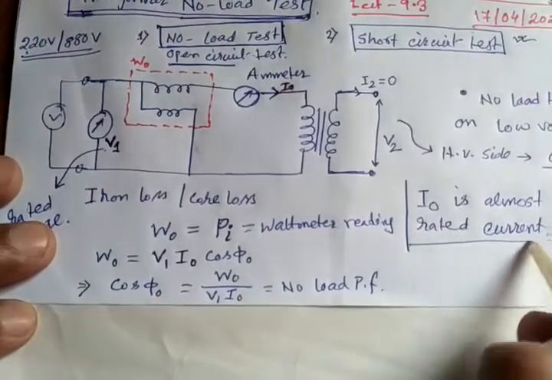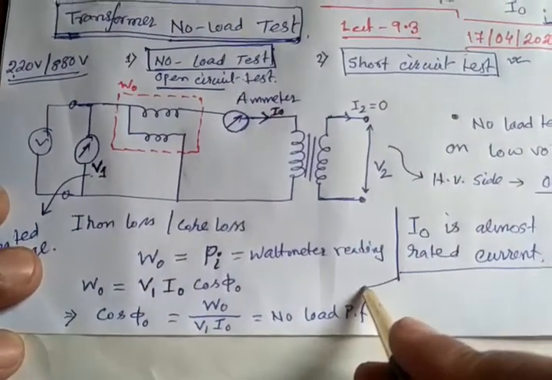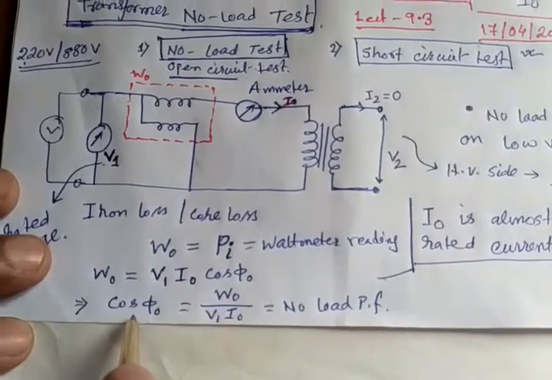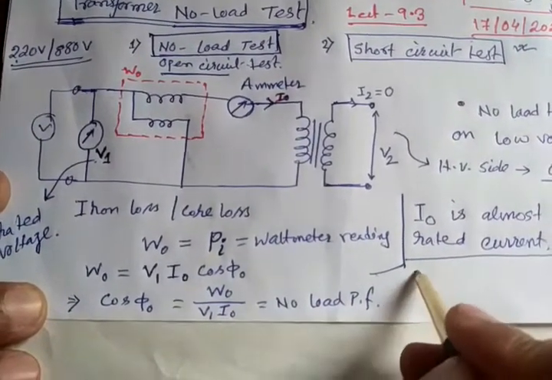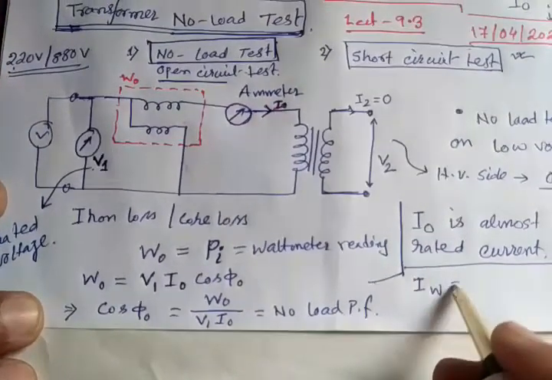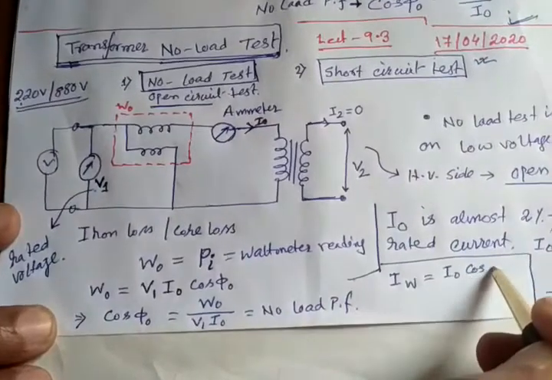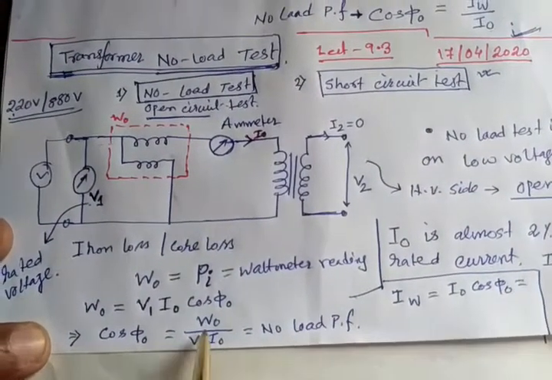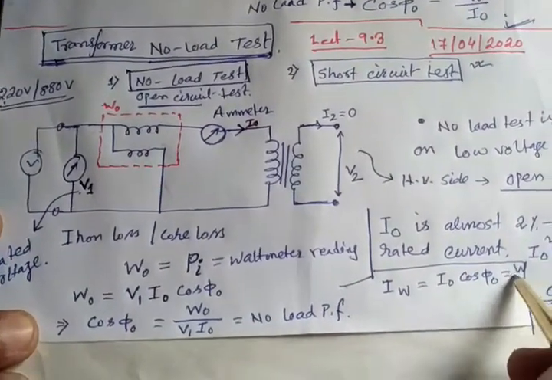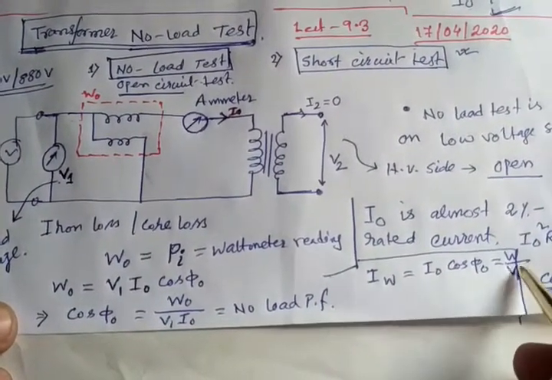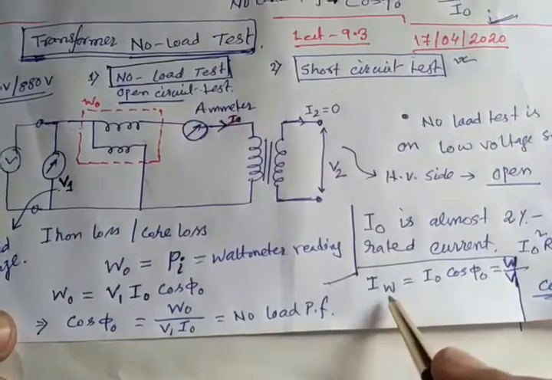One more thing we can determine from the test is these two current components, IW and IM. How? As we already got cos phi 0, I0 cos phi 0 is IW, the workable or active current component. That is basically W0 by V1. Already we know W0 and V1, so W0 by V1 gives IW.